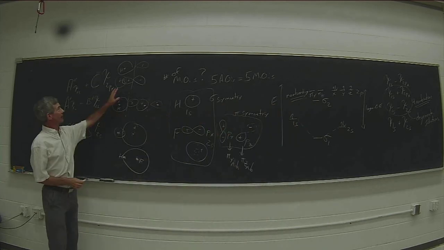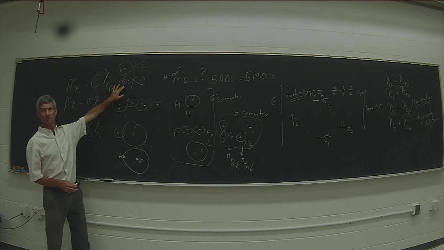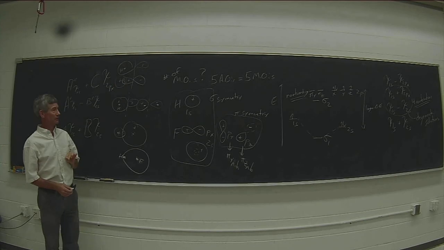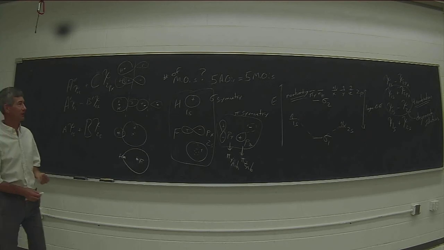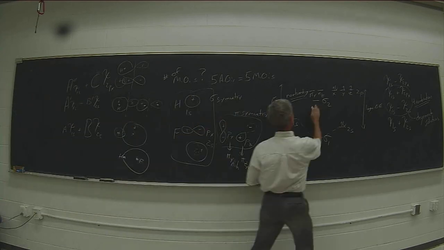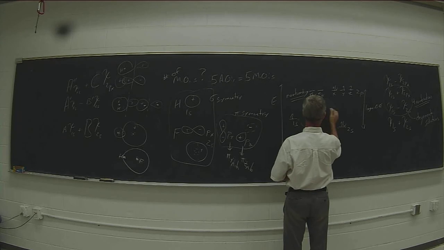And you predict a lot of electron density between the nuclei. So it's a bonding orbital. It's lower in energy overall than the orbitals from which it came, and I probably put it too high. Probably ought to put it more like here.